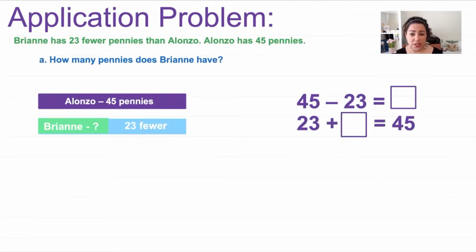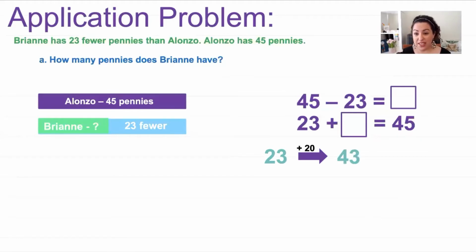That would be kind of easy to do. Or I can also try to find the missing add-in. Remember, I could say 23 plus, and then the box is what Brianne has, is equal to 45, which is Alonso's pennies. So remember, to find the missing add-in, we can just use an arrow way. So if I start at 23, I want to get to 45. So let's get to a friendly number. So 23, and if I add 20 to that, well, 23 plus 20 is equal to 43.